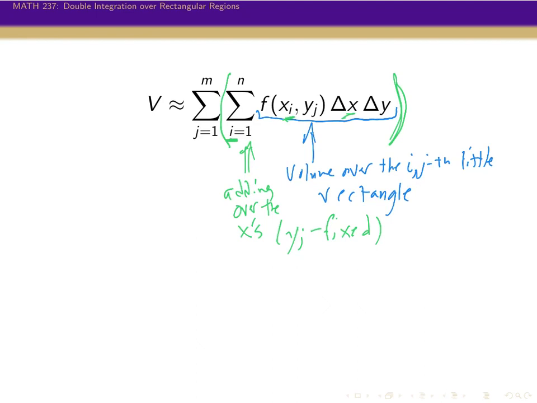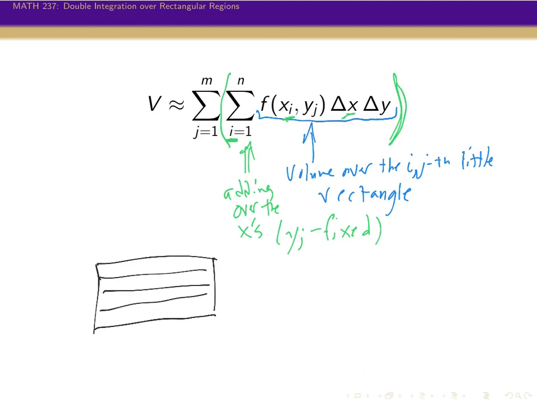And so if we're thinking about the box going through here, for each yj, we're adding up everything in that. So we do all of y1. Then we go next and we do all of y2. Then we go next and we do all of y3. Then we go next and do all of y4. And we keep on doing that until we get all the y's.